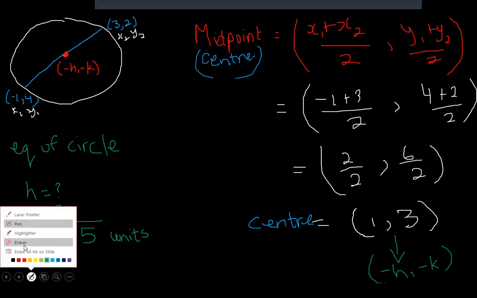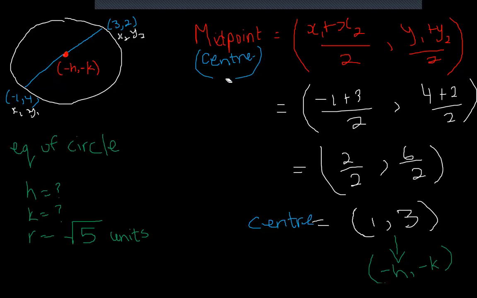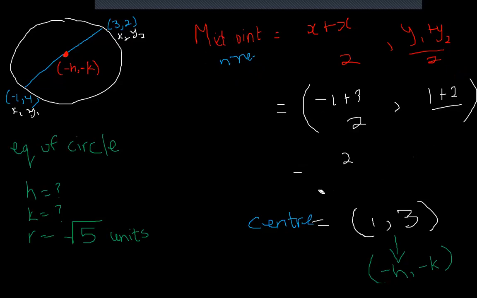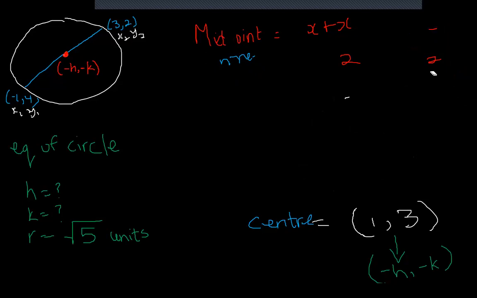Anybody who doesn't know why, let me just erase the topic. Why are we looking for h and k instead of minus h and minus k? This is why. They want the equation of the circle.